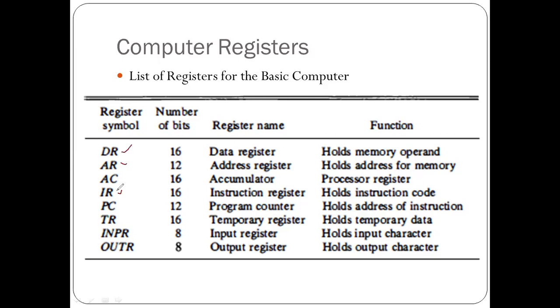And between the data register and the accumulator, the operation is carried out. If you want to store any temporary values, you require another temporary register. All of these are 16 bits wide. So the data register, temporary register and accumulator are all 16-bit registers which hold data.